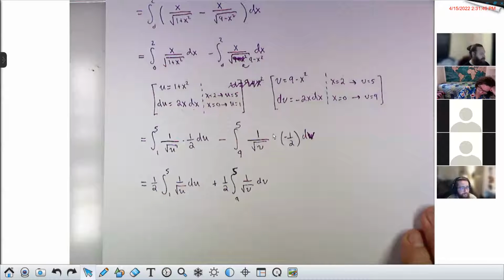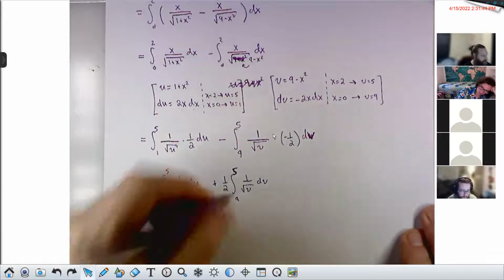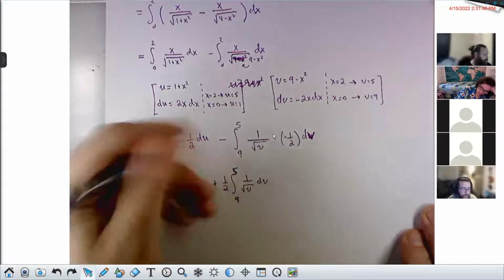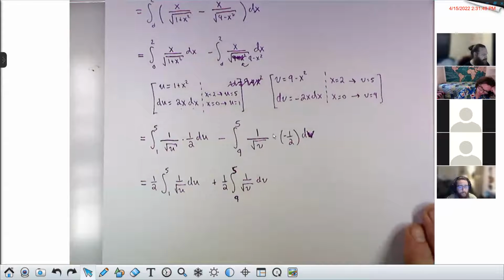Like we talked about last time, I can flip these bounds over, and that will spit out a negative. You don't have to do it though. Here it's an extra step, an extra hassle. I might not bother doing that, and that's okay.